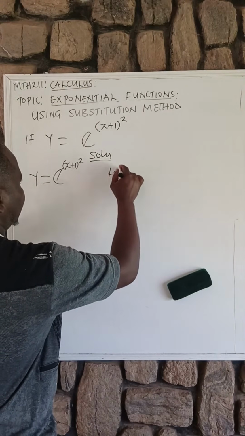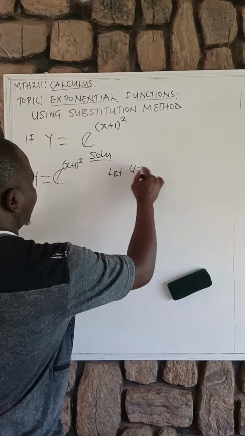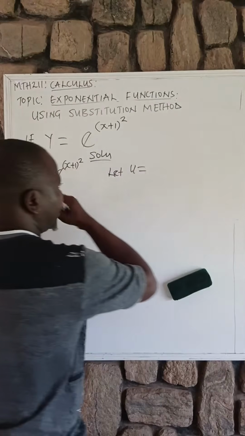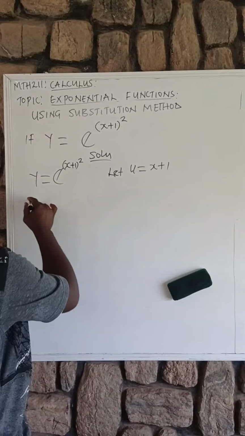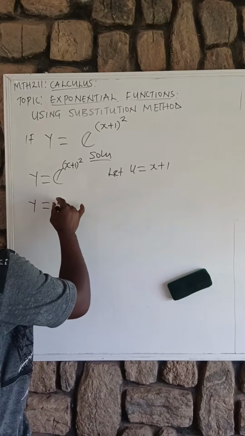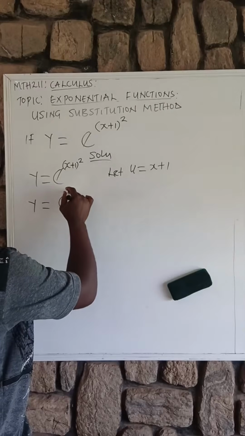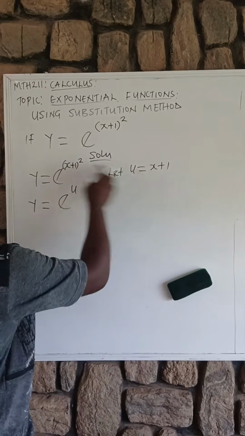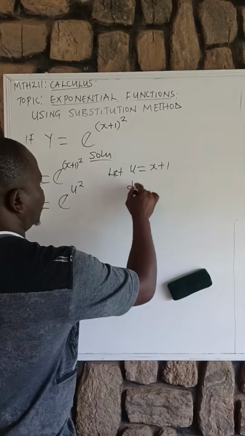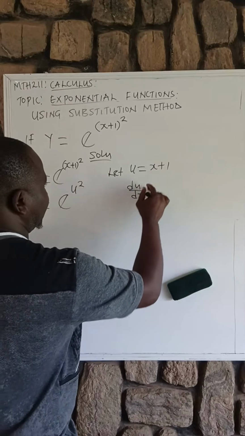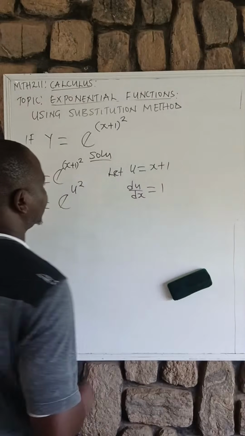We now say let u be equal to what is inside the bracket, x plus 1. Then it means your y will be equal to exponential u raised to the power of 2. So du over dx is equal to 1.